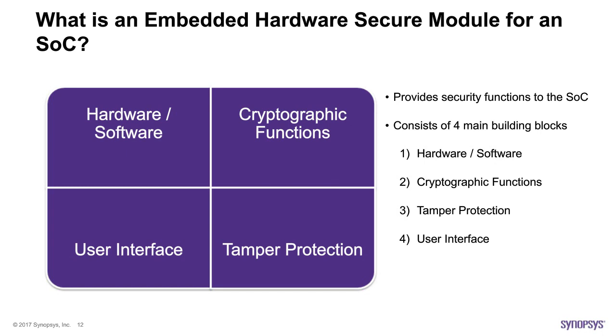Now, these should be proven and well understood functions like an AES counter. Three, there must be some form of tamper protection, and the implementation will vary from vendor to vendor. And the last one, it must have a user interface that the host can interact with, whether it's through the host CPU and/or a host controller toggling some GPIOs. But at the heart of all of these are the security functions it supports.